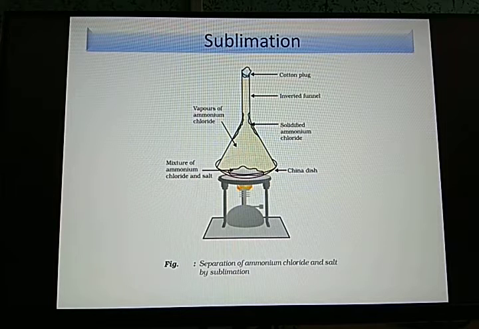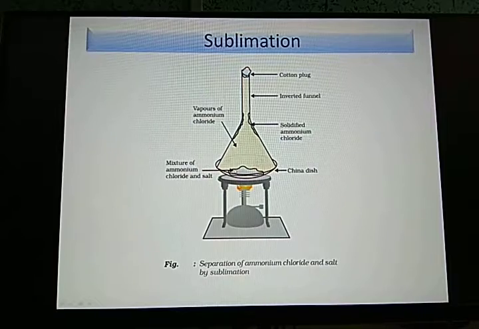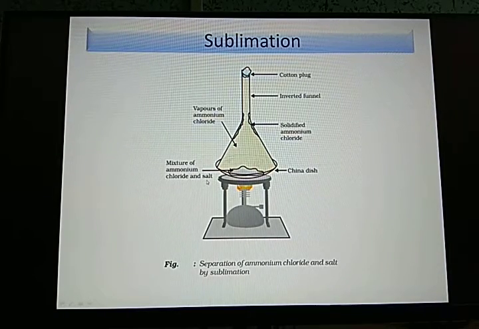Now what happens in this experiment is that as soon as we start heating, after the minimum temperature is reached, that is the temperature at which ammonium chloride vaporizes, as ammonium chloride is a volatile substance, it will get quickly vaporized. What will be left in the china dish is our common salt. But we need to collect the vapors of ammonium chloride, to separate out ammonium chloride and salt.